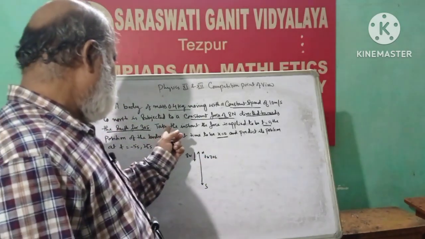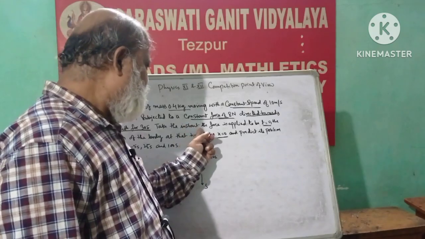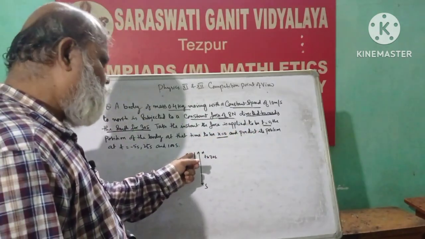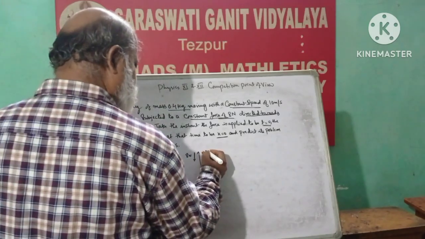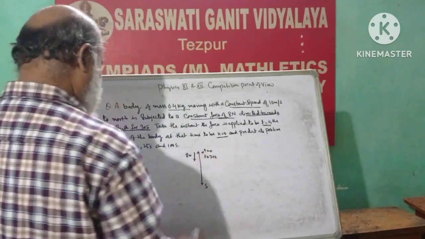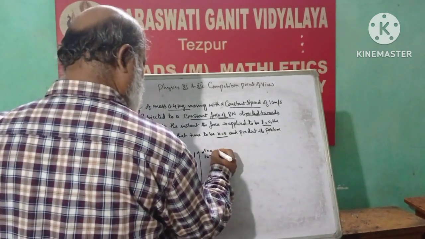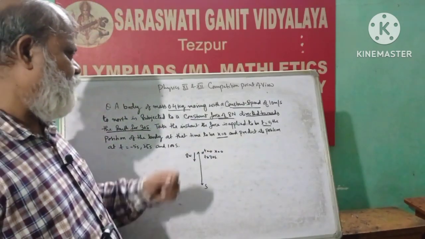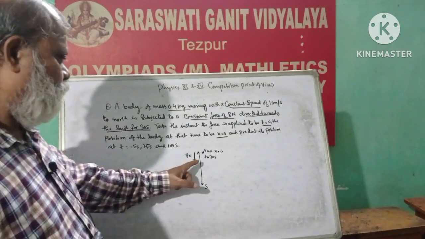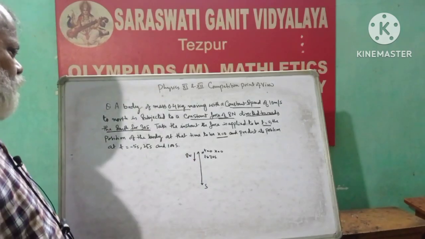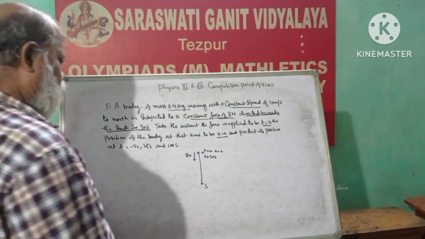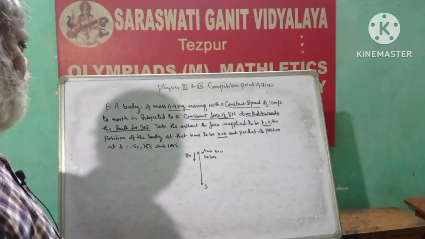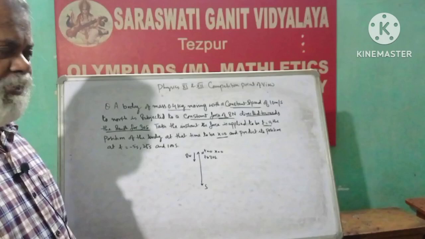Now the instant the force is applied, at that time your t was 0, and your position was x is equal to 0. This is the data given to you, and now you have to predict the position at t is equal to -5 second, 25 second and 100 second.